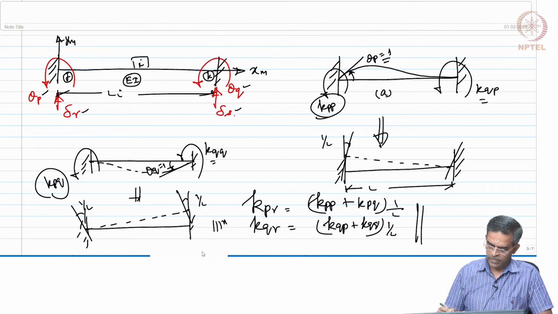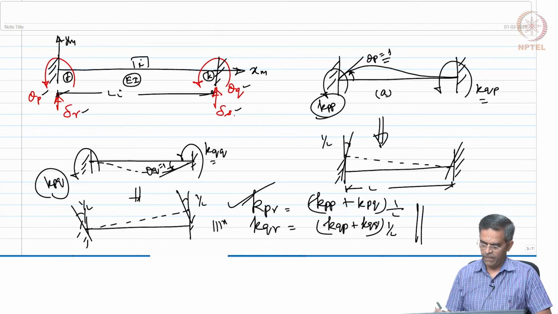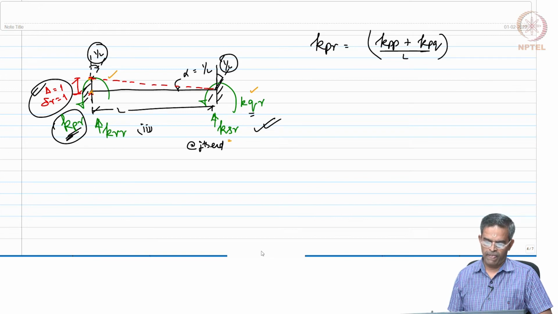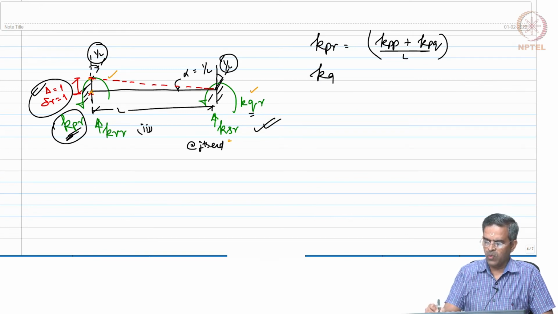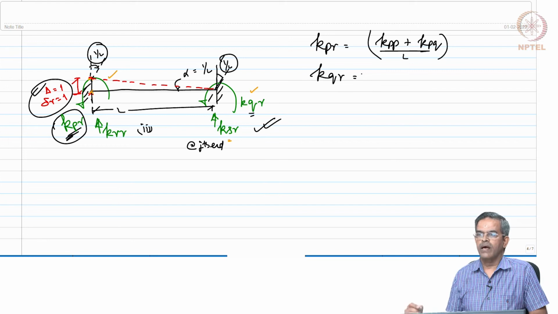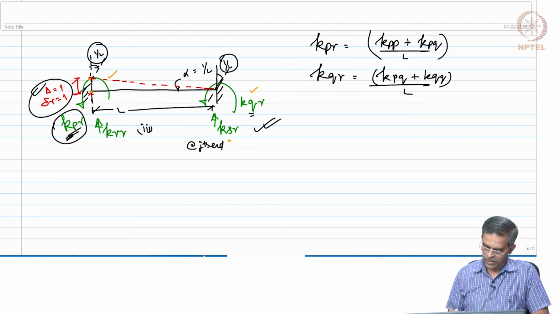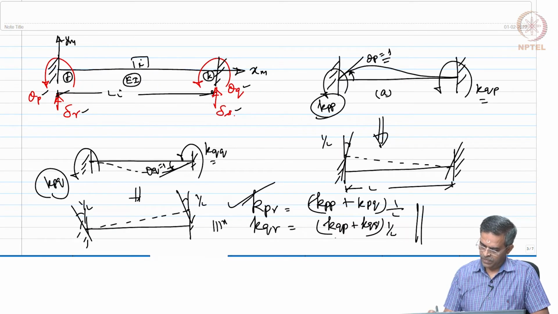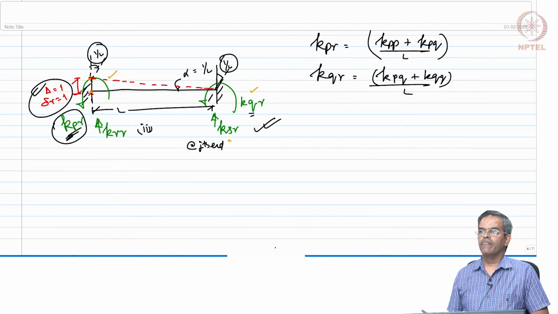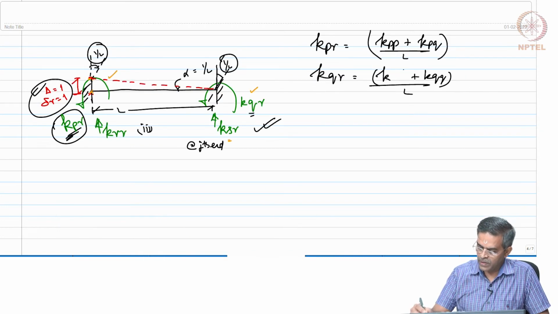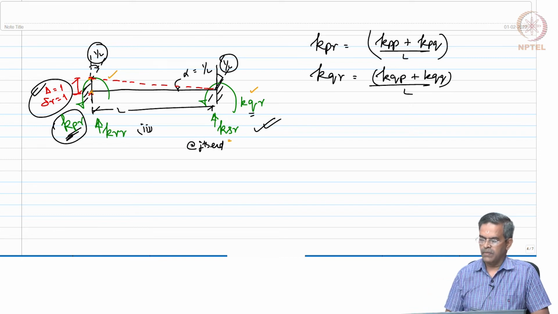See here. I also know KQR as KPQ plus KQQ by L. See here, KQP, right, by L.